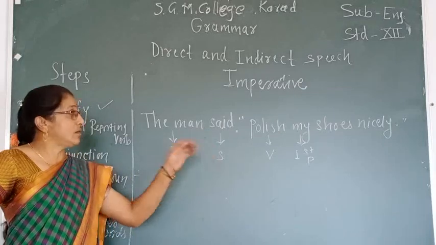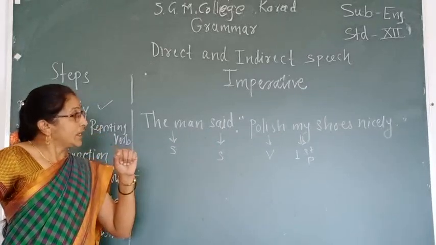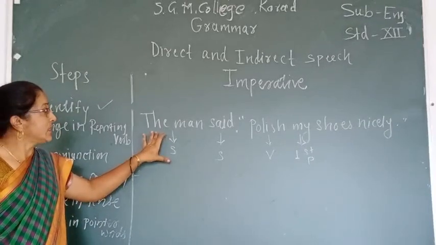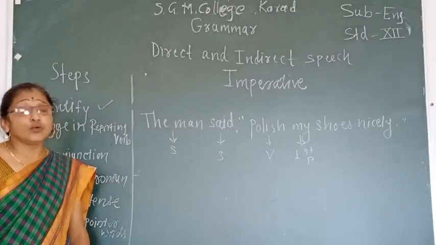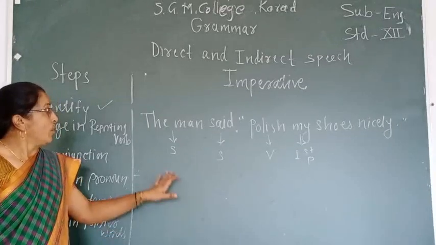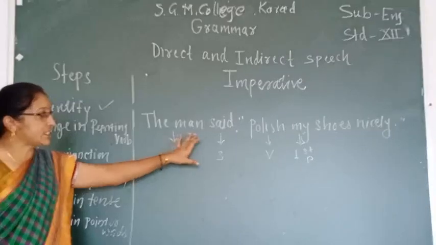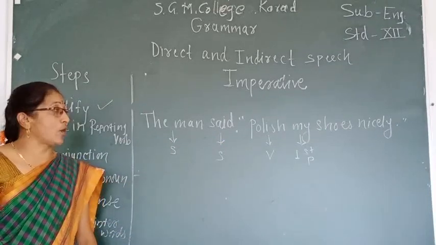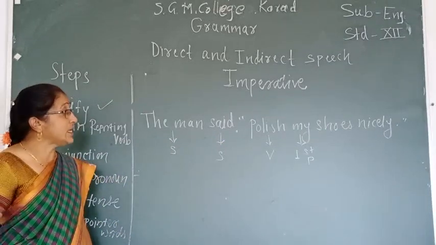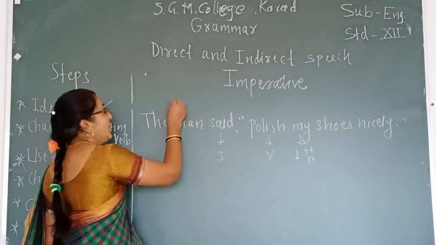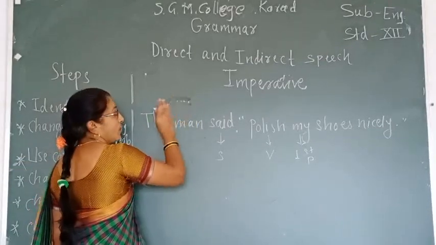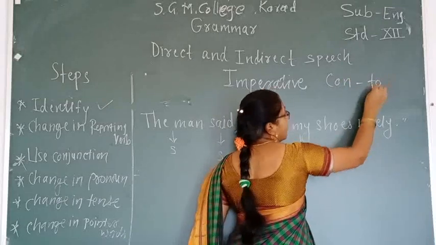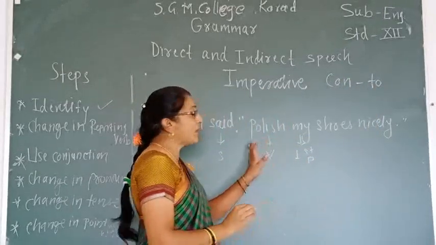Now look at this sentence: The man said, "Polish my shoes nicely." Here the man is the subject, said is the reporting verb, polish is the verb, my is a first person pronoun. In imperative sentences, we use the conjunction "to."